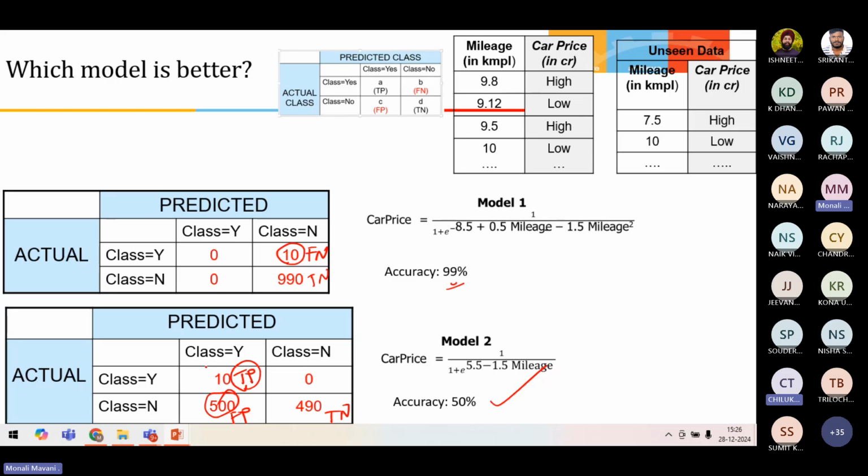And in the second model, 500 people not having cancer are being predicted as having cancer. Again, that is not acceptable psychologically to those 500 people, right? The person has to go for a second screening, third screening. So the medical domain is a very niche domain where a lot of general theory doesn't apply.